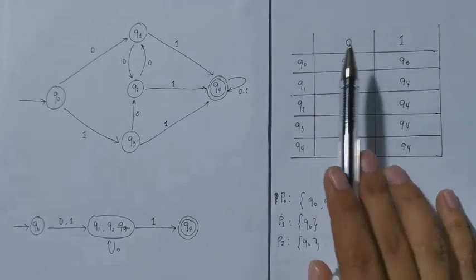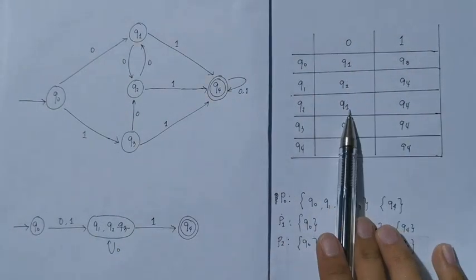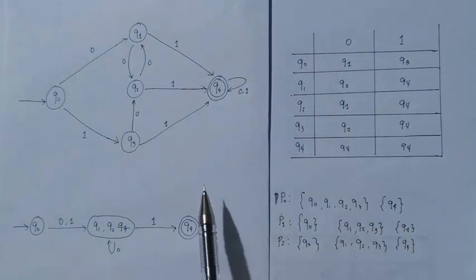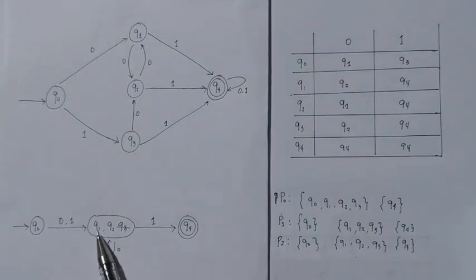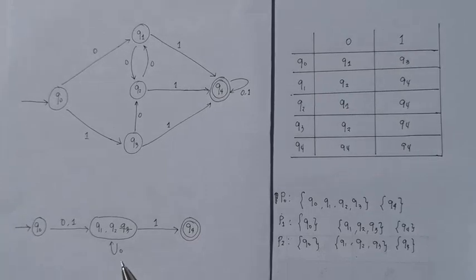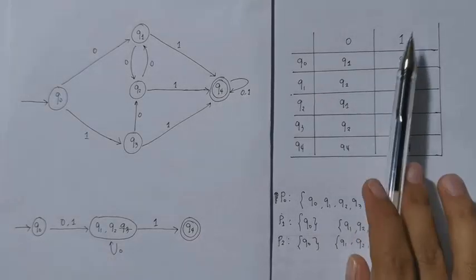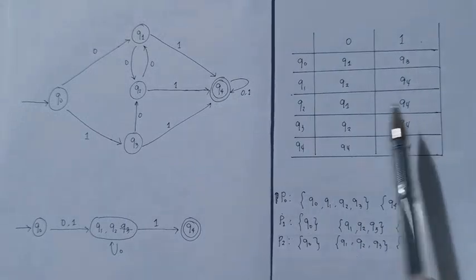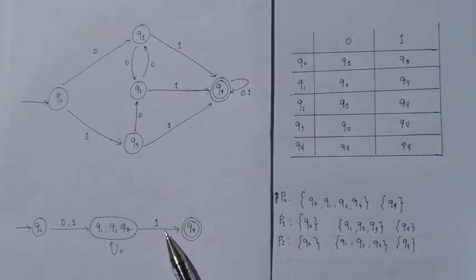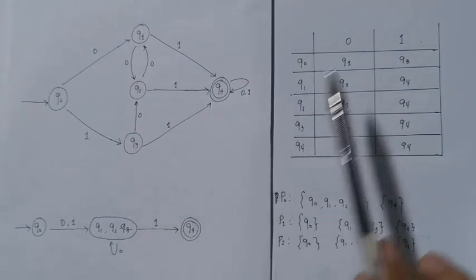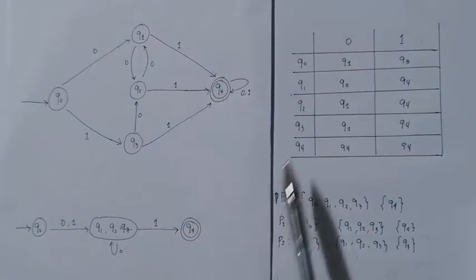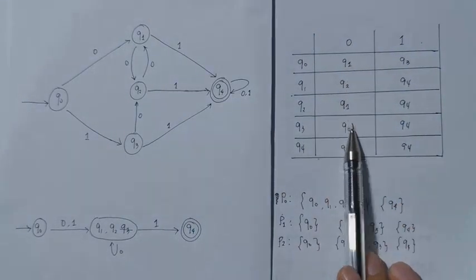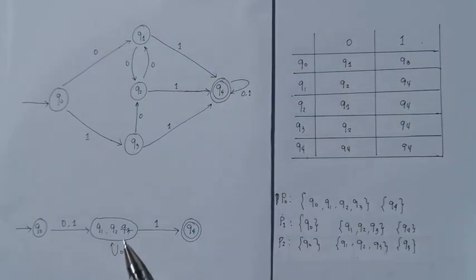In Q sub 2, if we input 0, it would go to Q sub 1. They're in the same set, so we just keep it. If we input 1, it will still go to Q sub 4. Q sub 3, if we input 0, it would go to Q sub 2 and they're still in the same set, so we keep it as well.